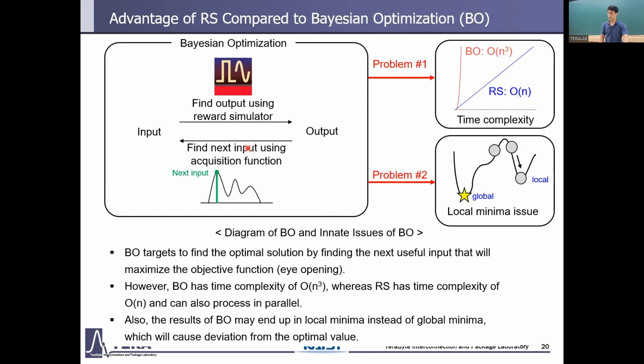I'll also compare random search to the Bayesian optimization method, which is a very renowned method. Bayesian optimization targets finding the optimal solution by finding the next useful input that will maximize the objective function, which is the eye opening in our case.